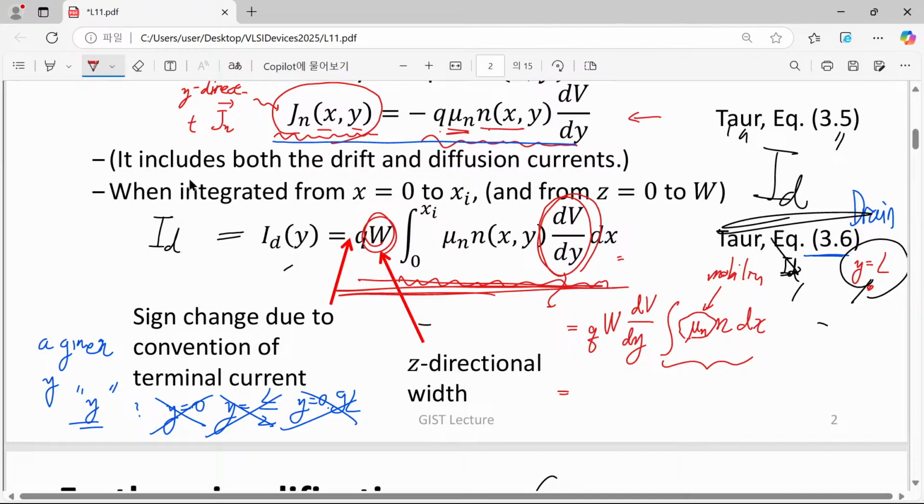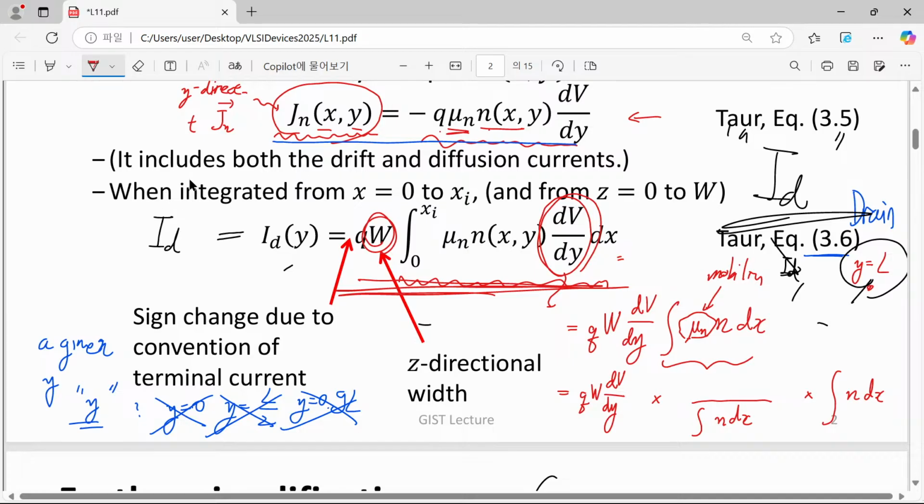But what we have done is like this. Please have a look at this way. Q, W, dV over dy, they are just leading coefficients, and we do some trick. This is the trick. So here we have n dx. Since we have newly introduced n dx and integrated n, we also introduce n dx here.